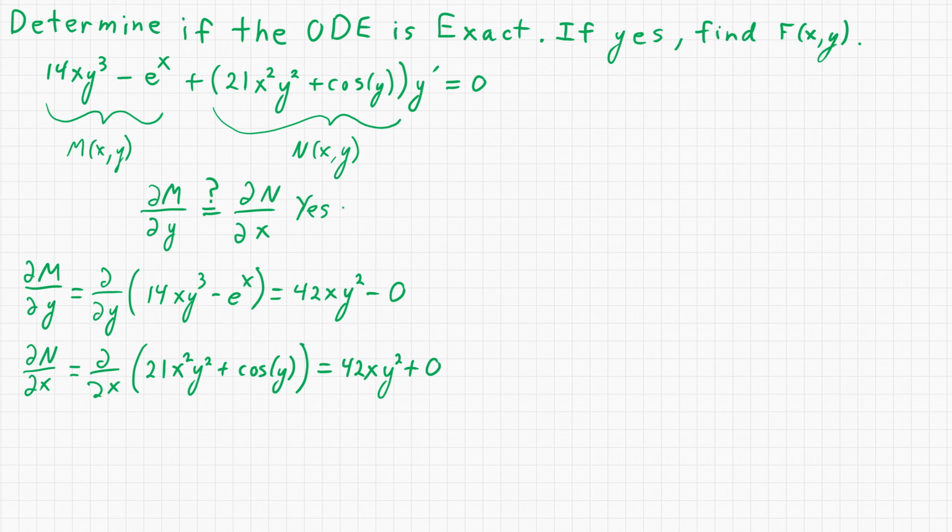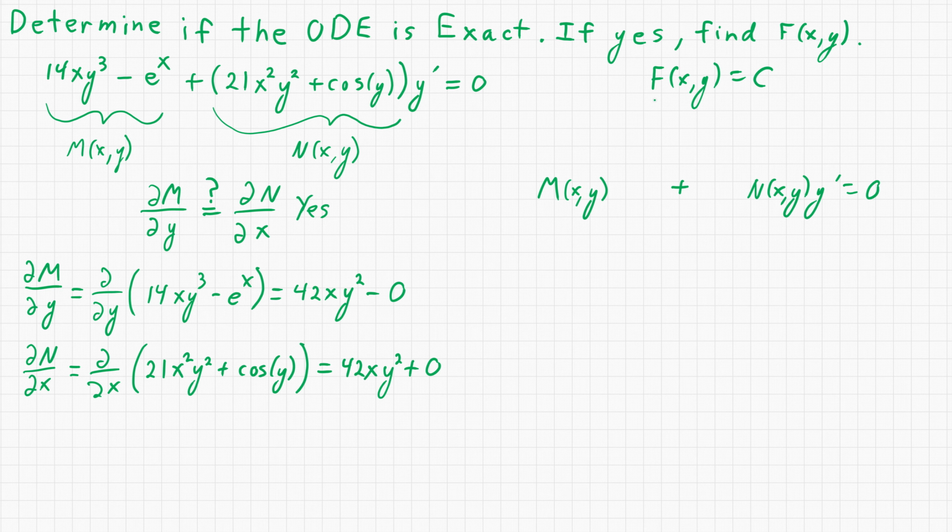So now from there, we know that f of x comma y exists. So now we're going to find it. So back in our diamond here, we have M of x comma y plus N of x comma y, y prime equals 0. Right, and we have our f of x comma y equals a constant.